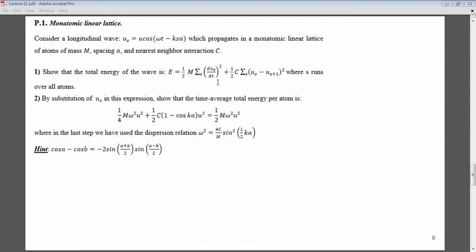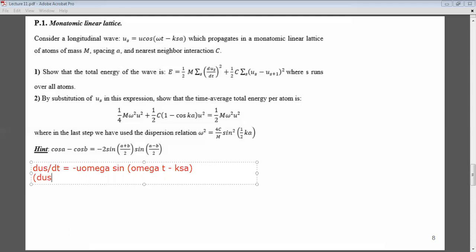Here I need dus by dt, so let's calculate dus by dt. Dus by dt is equal to minus u omega sine of omega t minus ksa. This is the derivative with respect to time, and I want it squared because it will enter here in the function as a square.